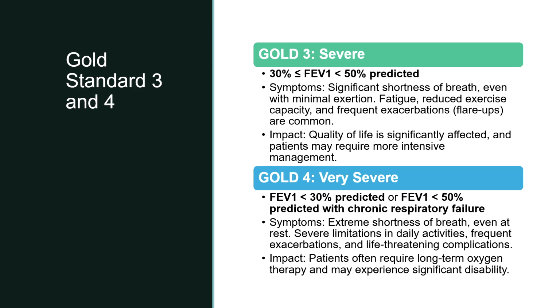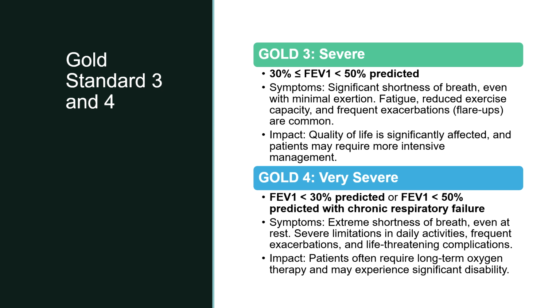You definitely have significant shortness of breath. You have frequent exacerbations. What do I mean by frequent exacerbations? That means you could be sent to the emergency room, and you also can have reduced quality of life. And this is when you would step up your therapy for the patient and step up your education. You would actually do it at all stages, but this is when you start really paying attention.